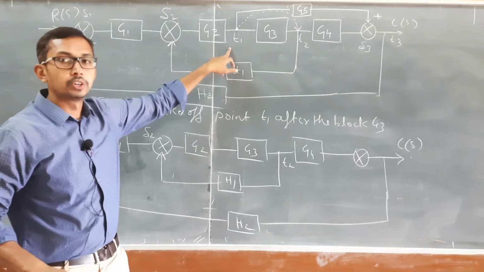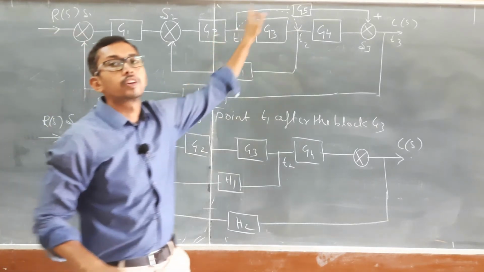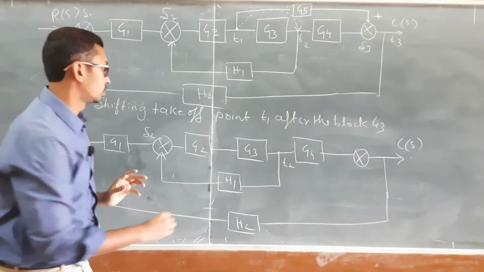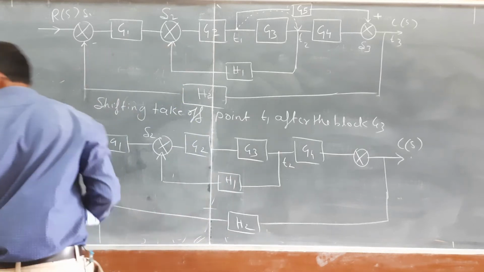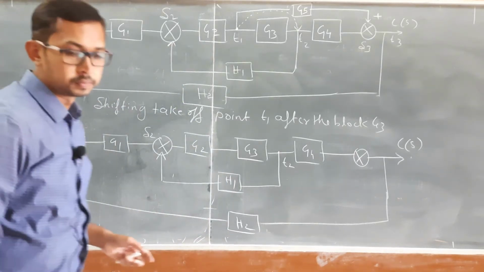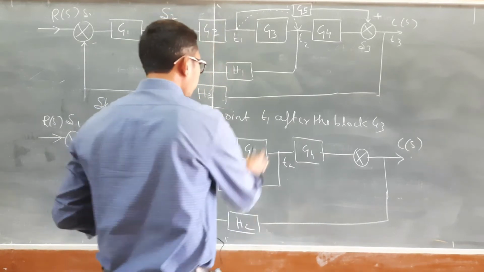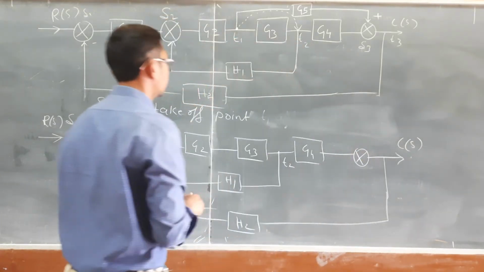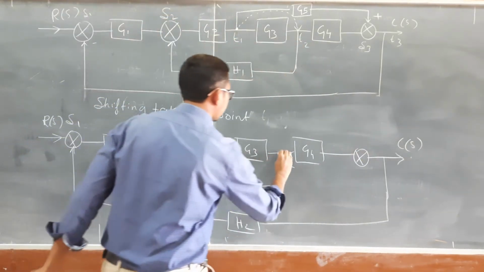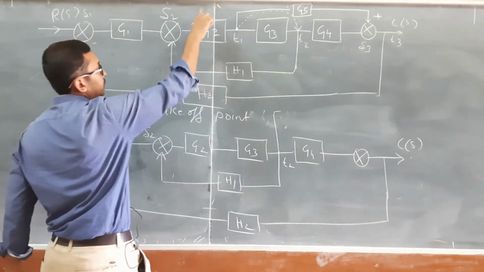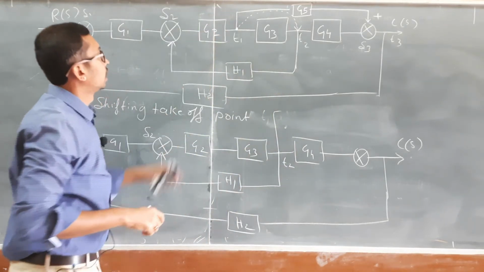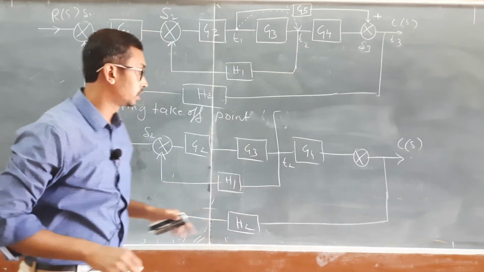What I am doing is shifting the takeoff point after the block G3. So then what do I need to do? If I shift this takeoff point, I am jumping the block G3.